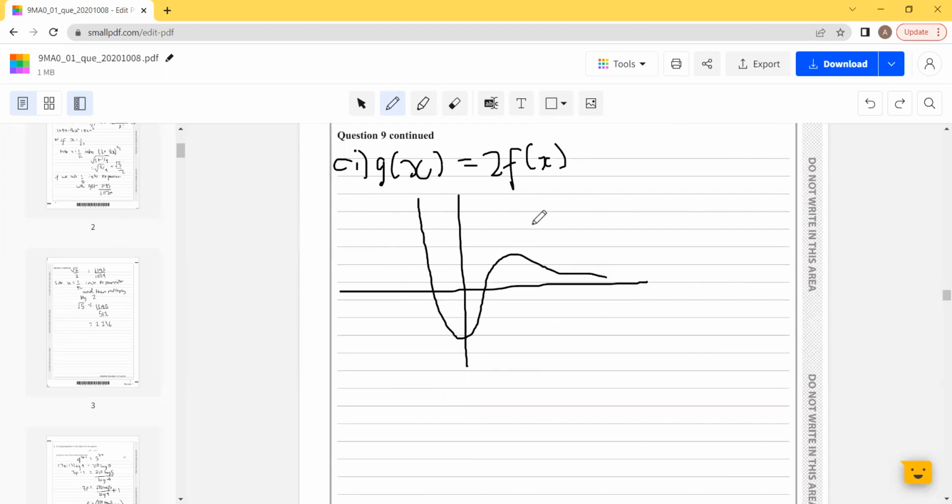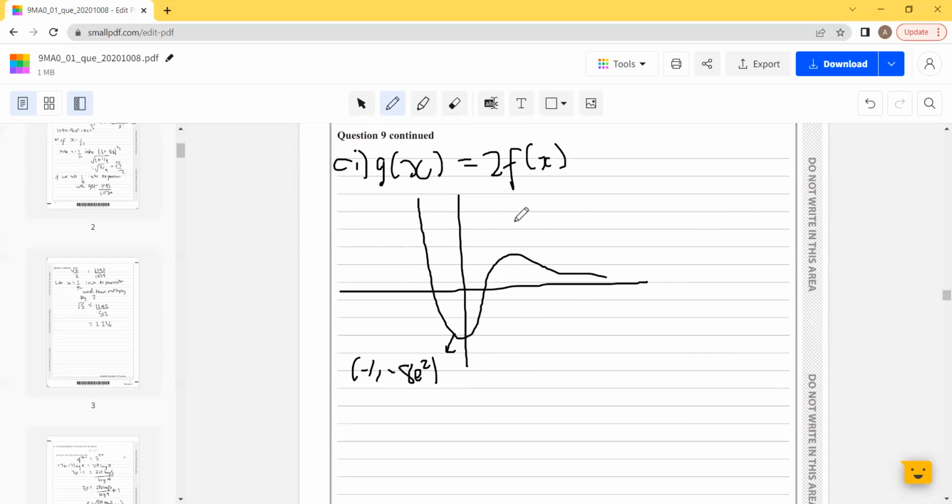Remember how I said that everything's being multiplied by 2? So this turning point now isn't (-1, -4e^2), it's (-1, -8e^2).